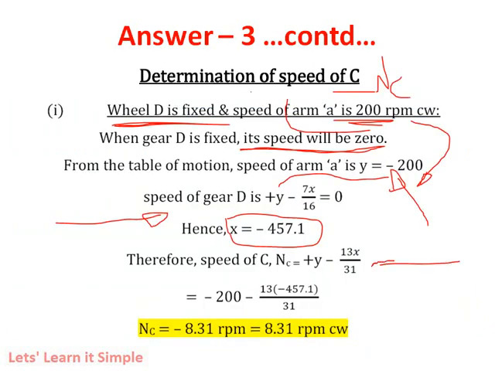Now you know the value of y and the value of x, put them here and substitute, take LCM, cancel, and at last you will get NC, that is the speed of gear C, as minus 8.31 rpm. Minus indicates it is clockwise rotation. So the speed of gear C is 8.31 rpm clockwise. So this forms the first part of the problem.